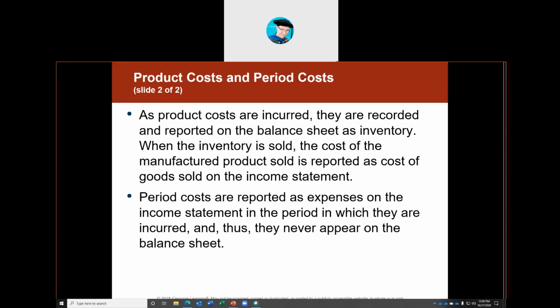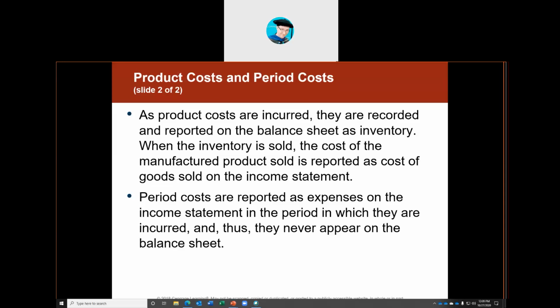Okay? That is what we call raw materials inventory. Then you have work in process inventory. Work in process inventory is the inventory you have on the shop floor, on the assembly line, currently being processed, currently being made into a finished good.